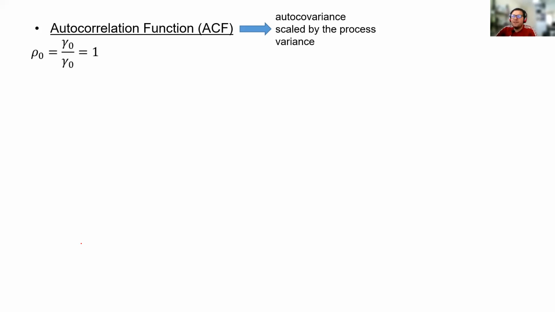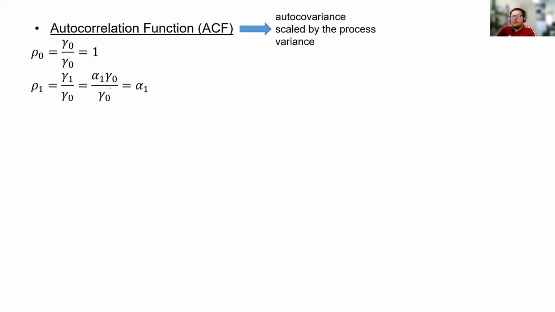Allow me to explain. This row 0, don't worry about this, to be honest. We always put it there, but disregard it, it will always be equal to 1 because gamma 0 divided by gamma 0 is equal to 1.